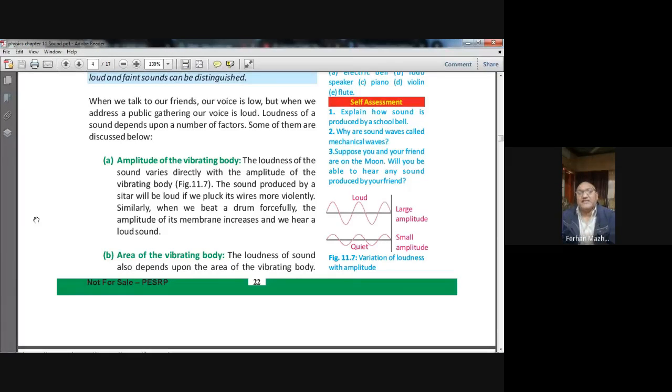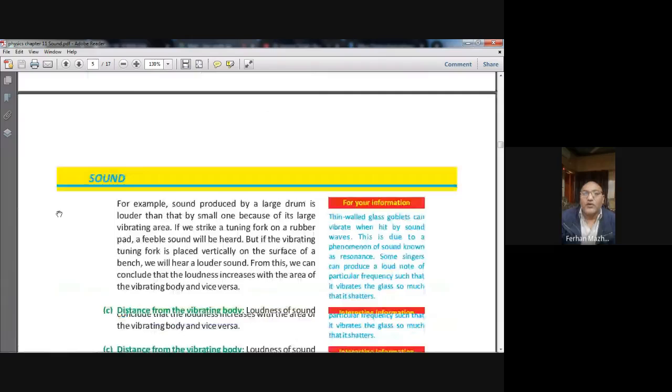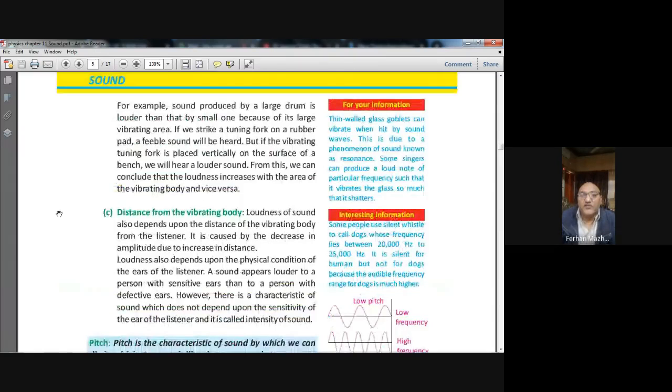The second factor is the area of the vibrating body. The loudness of the sound also depends upon the area of the vibrating body. For example, sound produced by a large drum is louder than that by a small one because of its large vibrating area.